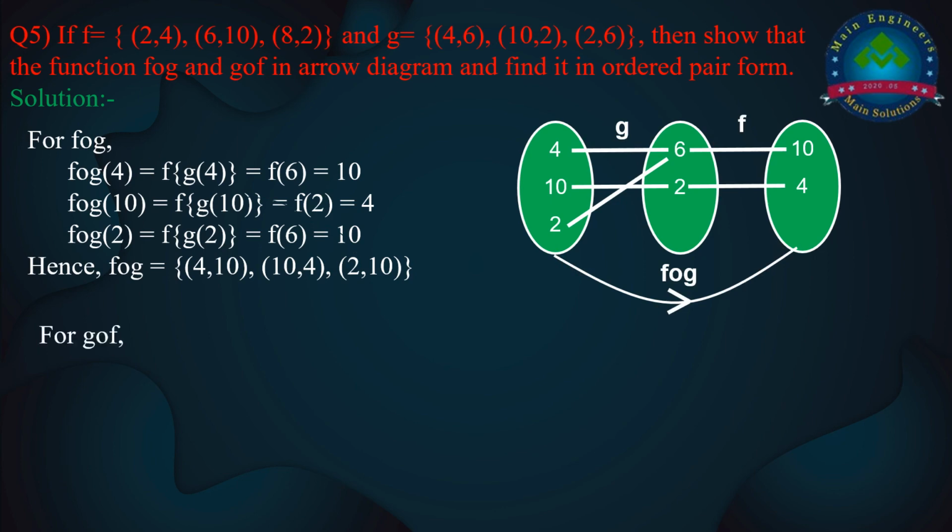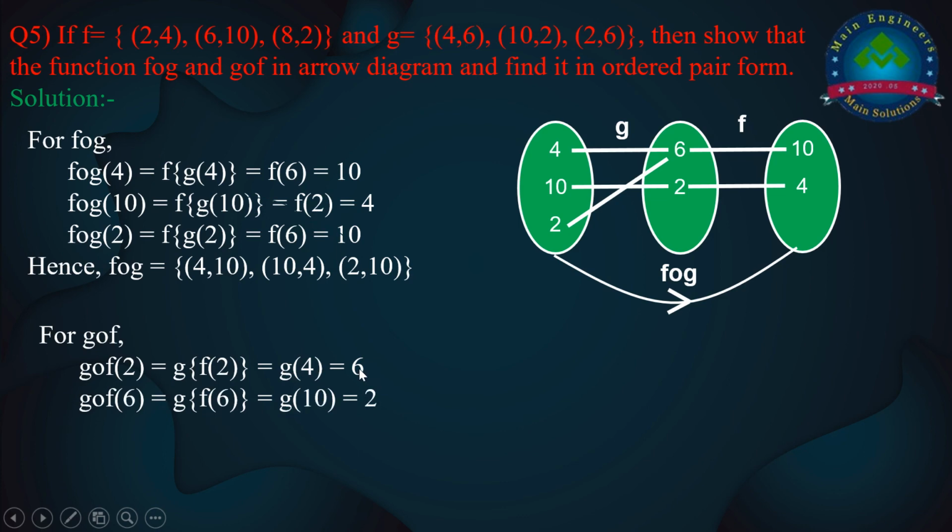Again, for g of f, we have to find g of f, with the same process. g of f of 2 is equal to g of the function of 2. What is the function of 2? It is 4. So g of 4 is equal to 6. Similarly, g of f of 6 is equal to g of the function of 6. Function of 6 is 10.